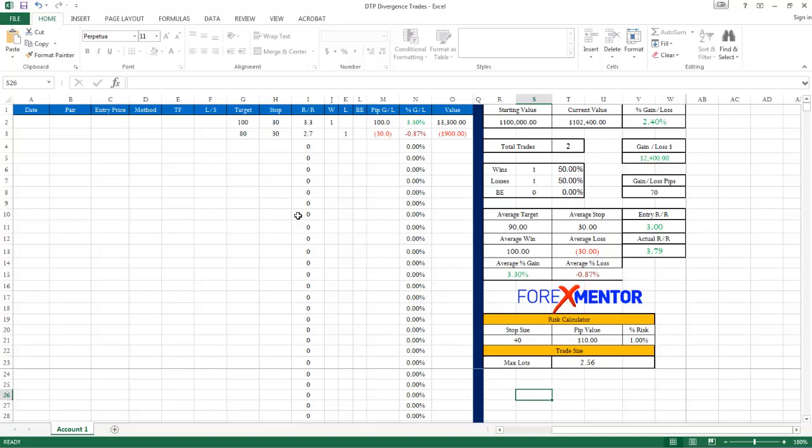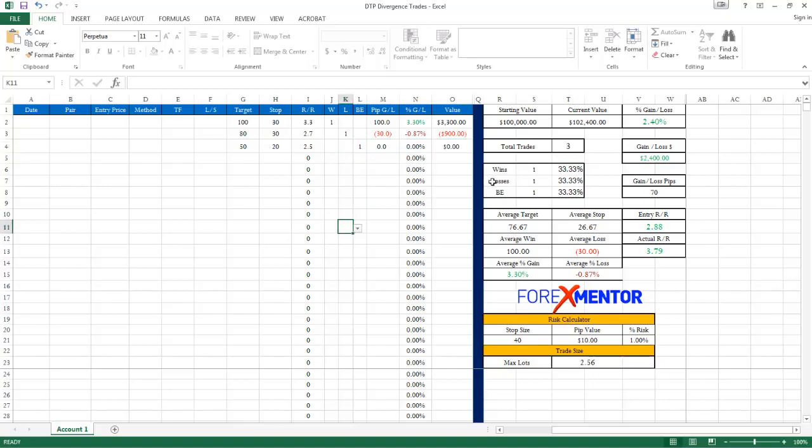Now, just one last thing to show. Let's say we enter into another trade. We have a 50 pip target, a 20 pip stop loss, and this trade breaks even. Okay, so we're just going to put that in at 0 and 0.